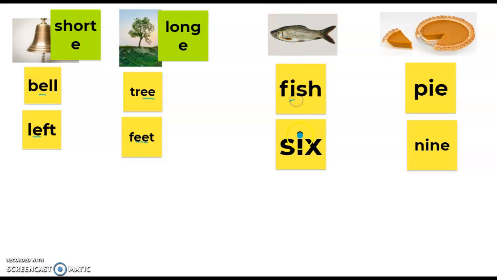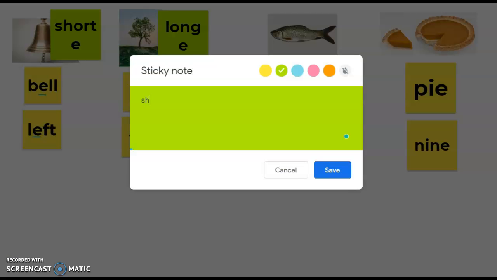Fish, six. And both of the I's say I. If an I says I, is that short or long? The I in the word fish and six makes its short sound. That is a short I sound if it says I.